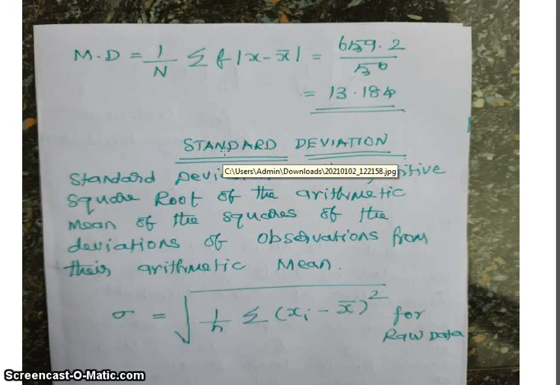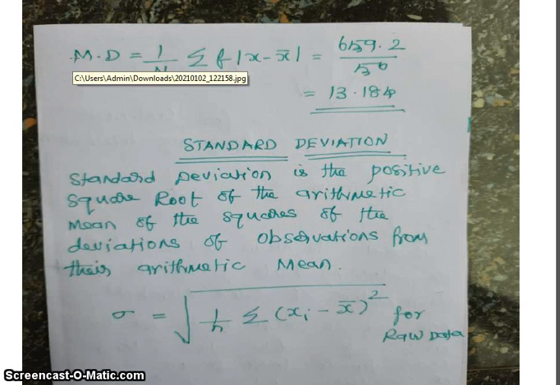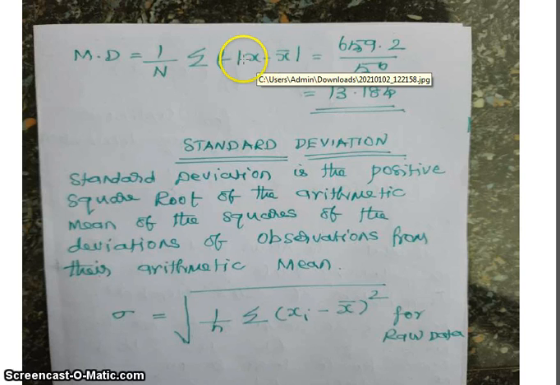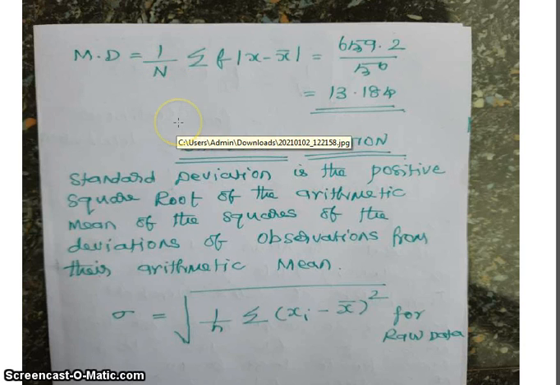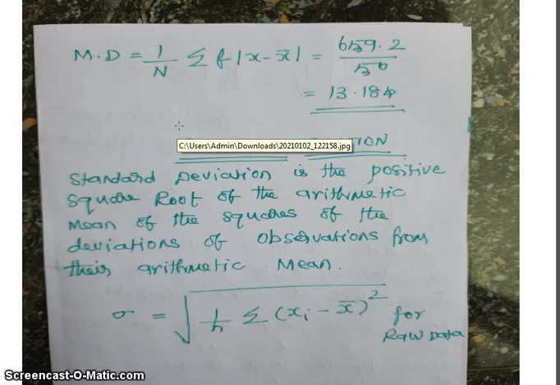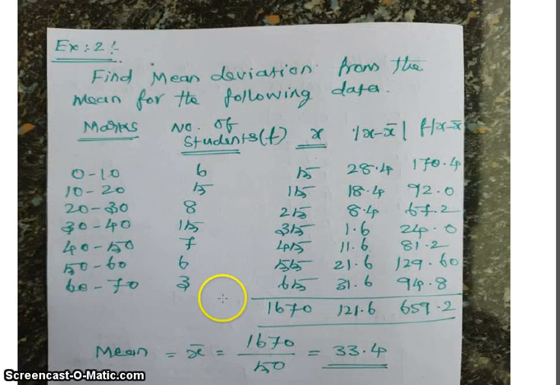Okay, the formula for mean deviation for continuous data is 1 divided by capital N into summation of f into absolute values of x minus x bar. F is frequency, this is f into x minus x bar. Capital N is total frequency, while small n is the number of observations.